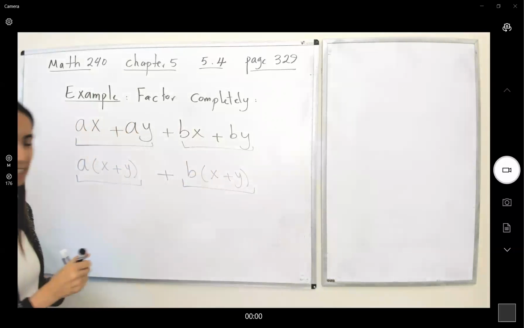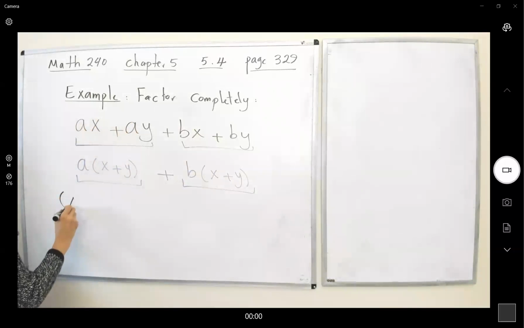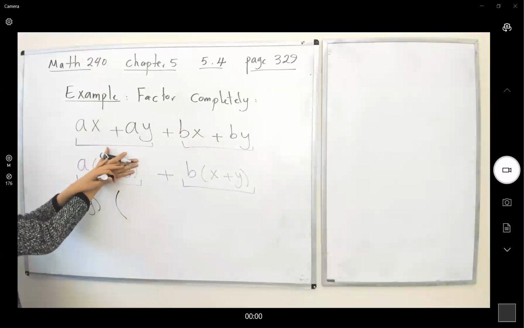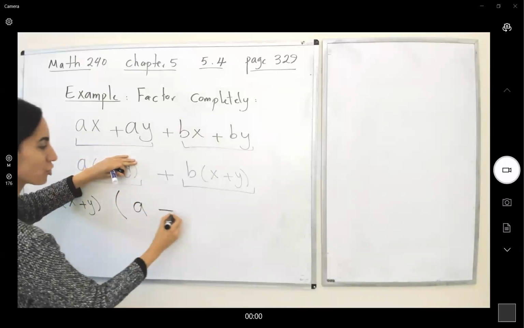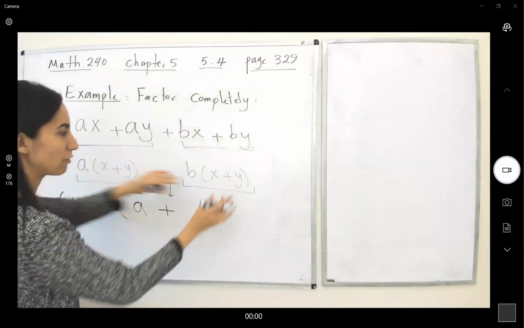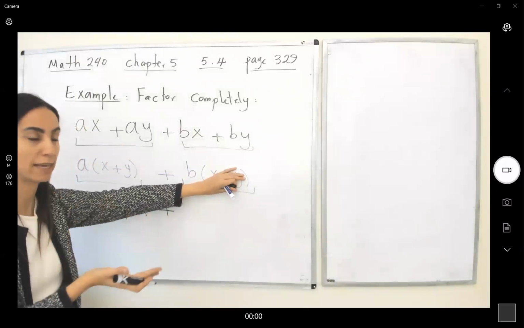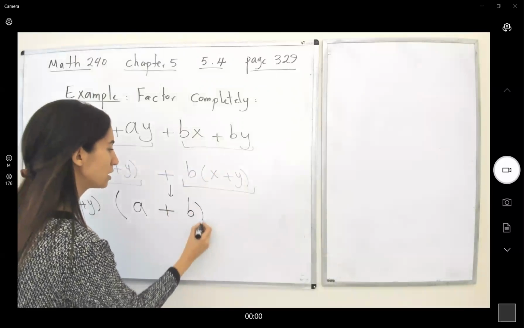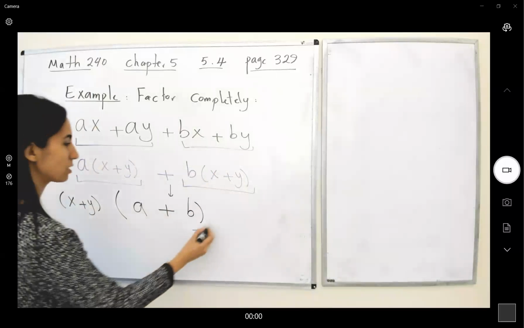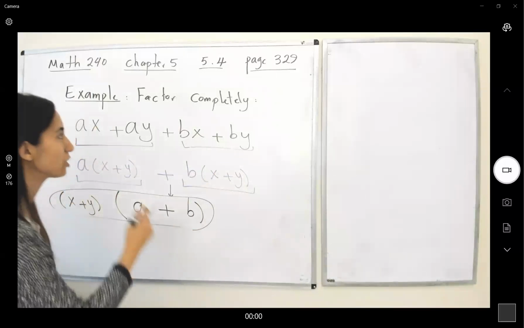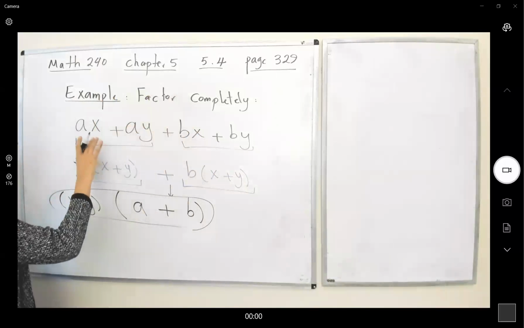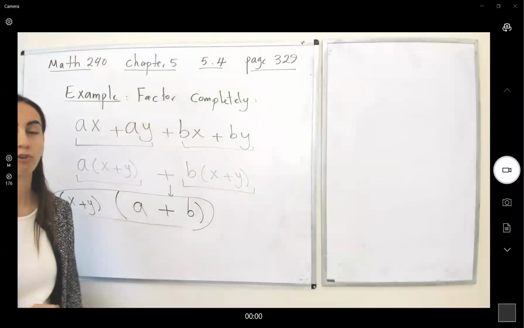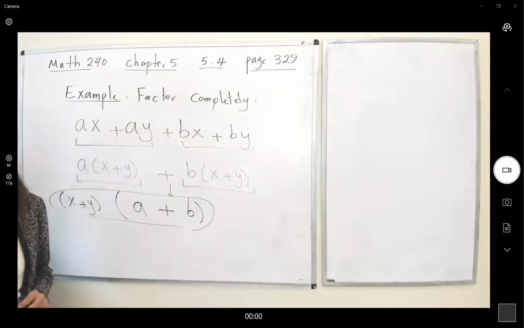So in the last step, we're going to factor out x plus y. If you take out x plus y, you're left with a. So I'm going to write down a here. The operation in between is addition. And if I take out x plus y from the second addend, I'm left with b. This is the complete factorization of this polynomial with 4 terms or 4 addends.